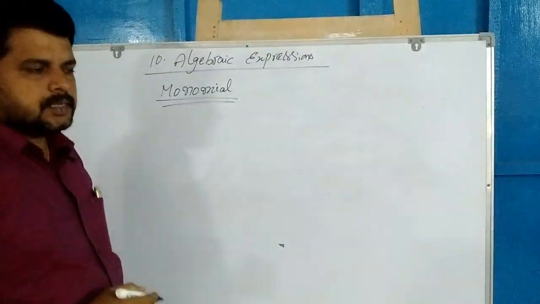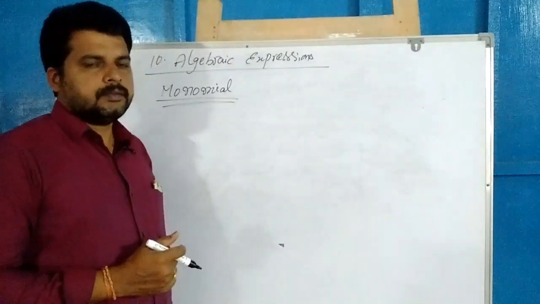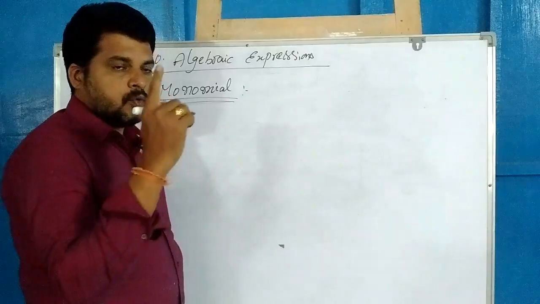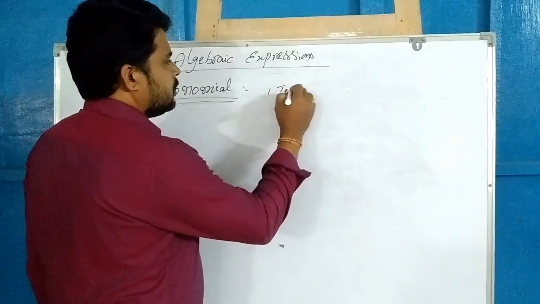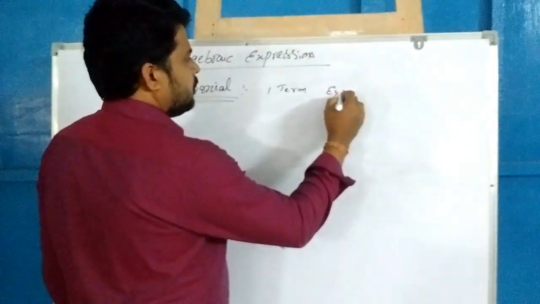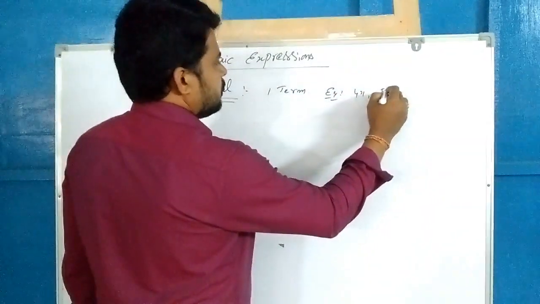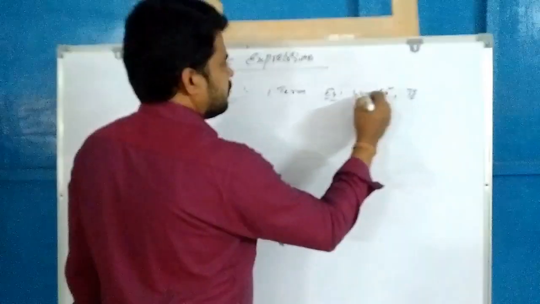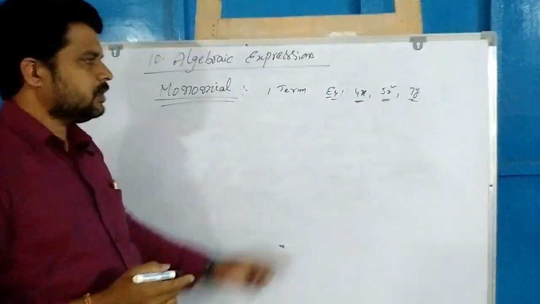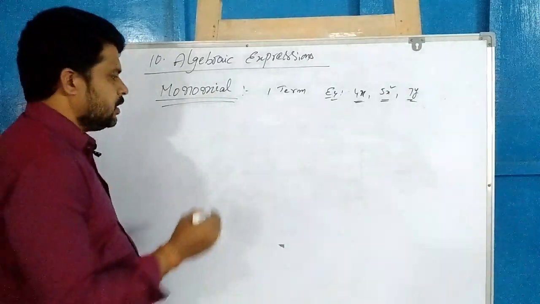So, the next topic is monomial. What is a monomial? Any algebraic expression having only one term. Example, 4x, 5x square, 7y. These all have only one term, so these are called monomials.